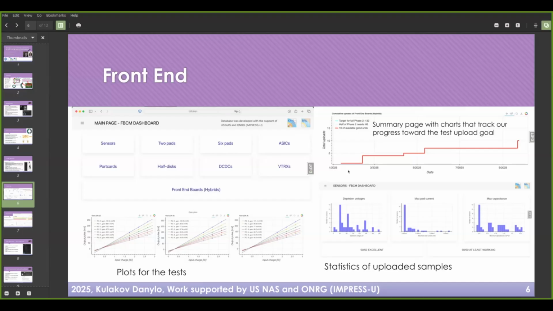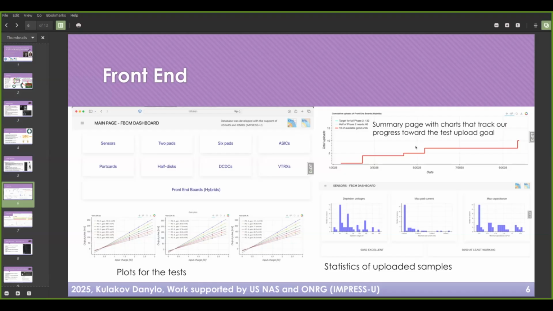Also, I implemented a page where we can see the current progress. We have every step here, when people upload some data into our database, and when it will be enough, we will see that we will reach our target soon.